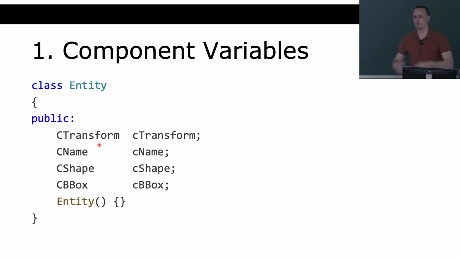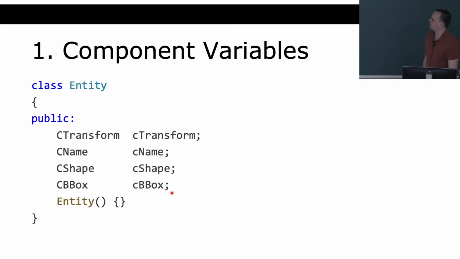A transform component is the typical name for the component that stores things like position, velocity, acceleration. It's how the thing is transformed within the game, transform meaning the mathematical transform, which could be a translation, a rotation, scaling, all that kind of stuff. So a very basic entity might have a transform, a name, a shape, and a bounding box. And then we have a blank constructor down here that does nothing.